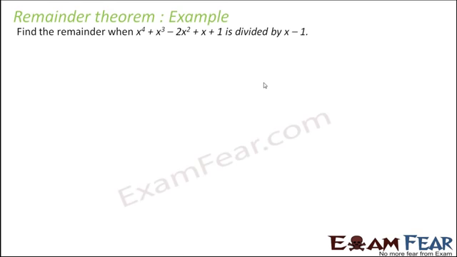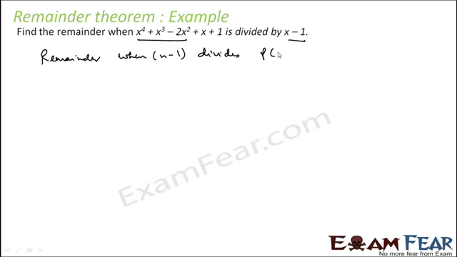Let's take some example. Find the remainder when this whole expression is divided by x minus 1. One big way is you physically do the division, or I can say that the remainder when x minus 1 divides p of x is nothing but p of 1 as per the remainder theorem.